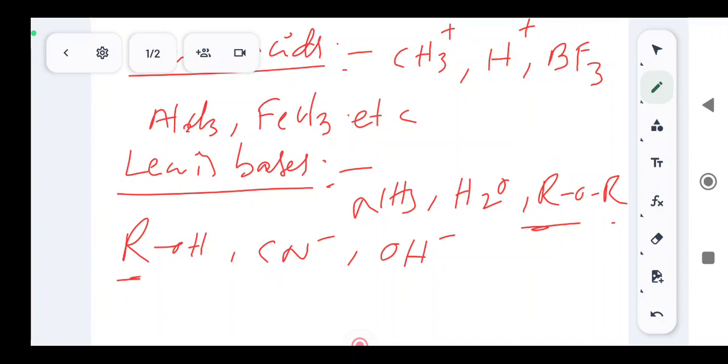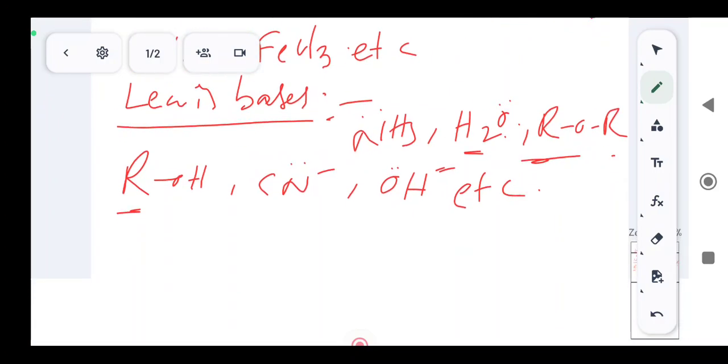Here the water molecule has lone pairs of electrons on oxygen. Nitrogen also has a lone pair of electrons, and a charge also is there. Species ready to donate a pair of electrons are known as Lewis bases. So these are all Lewis bases.